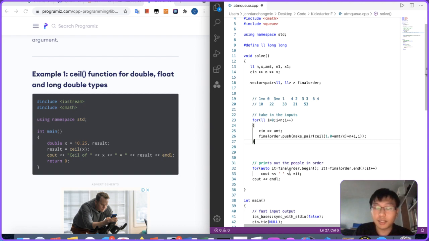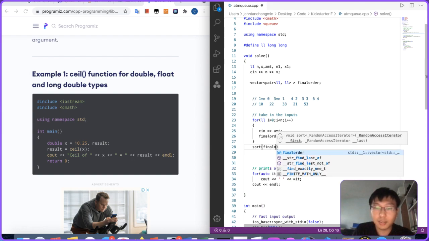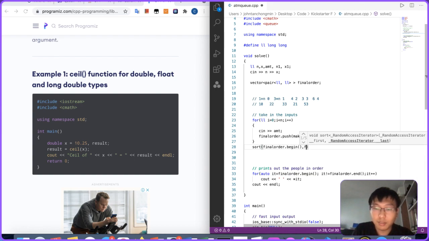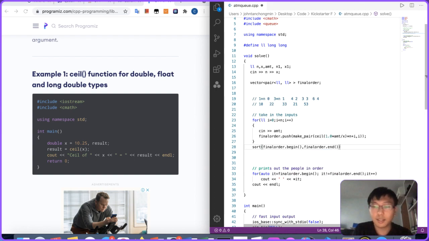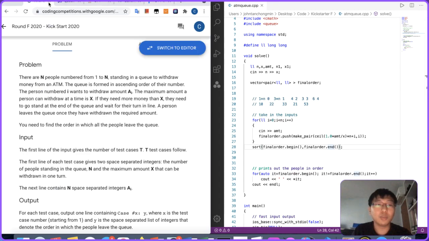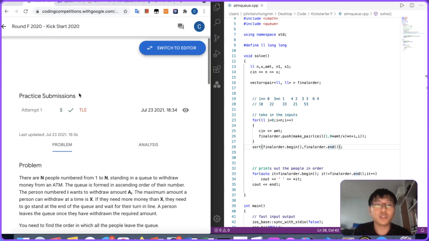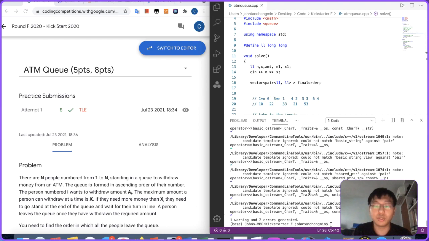At the end we need to sort final order dot begin, final order dot end. I'm not sure whether this will work, but I do know that our original method of using a queue is too slow for the compiler. So there are some errors in my code.